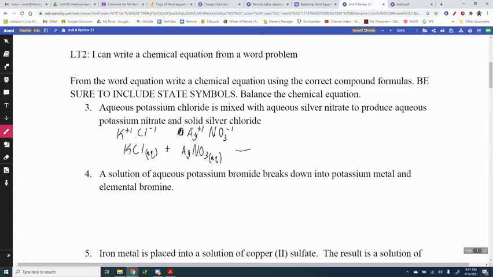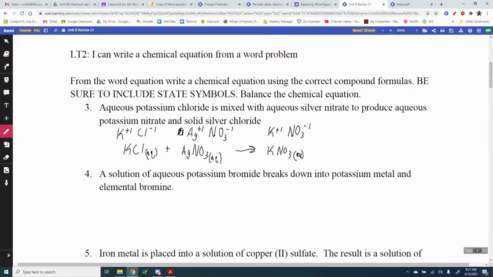To produce is our arrow. Potassium nitrate. So K is still +1. Nitrate is still NO3 -1. So that's just going to be KNO3, and that is aqueous.